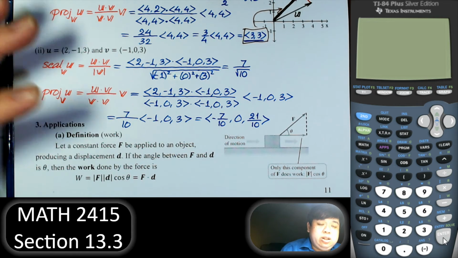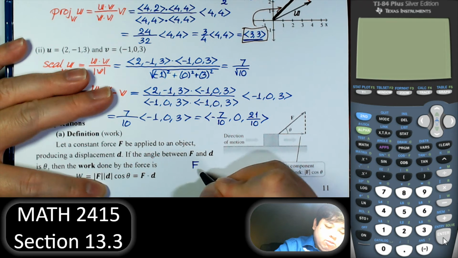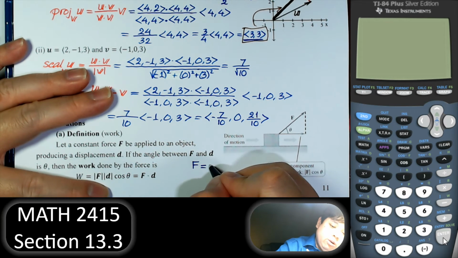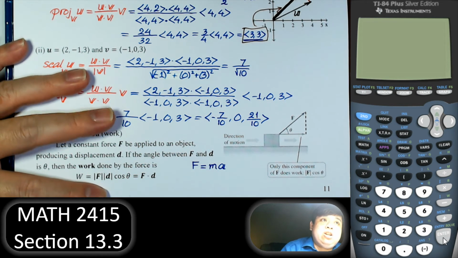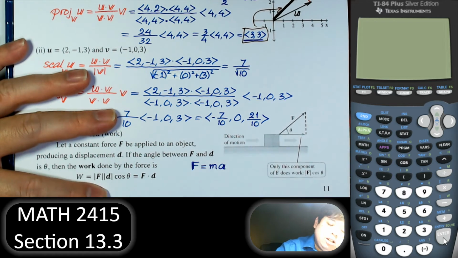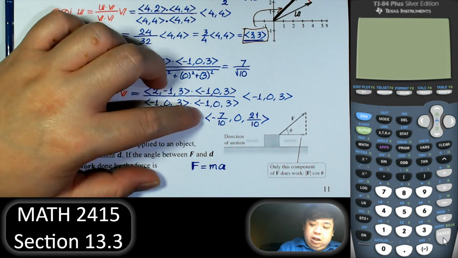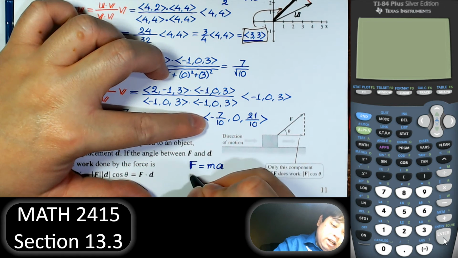The standard unit, Newton: F equal to ma. So mass times acceleration. Actually, force is a vector, acceleration is a vector as well. So in terms of units, the unit for force is Newton.